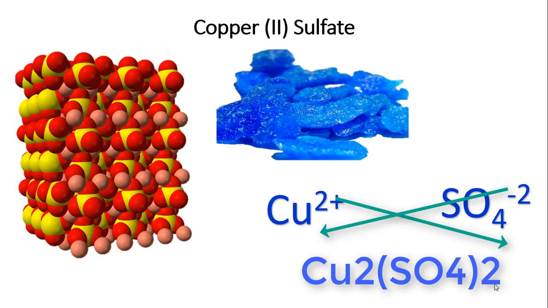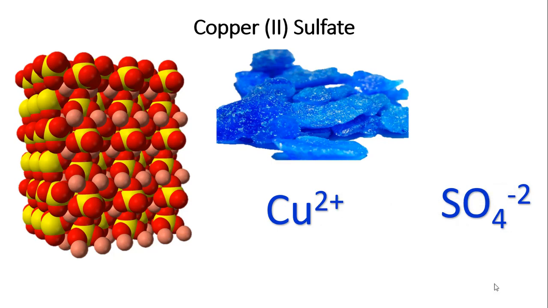In this case, the 2's are going to reduce, and you end up with CuSO4, where it's 1 atom of copper and then 1 polyatomic molecule of sulfate, the sulfate anion. So the 2's cancel out in this particular case.